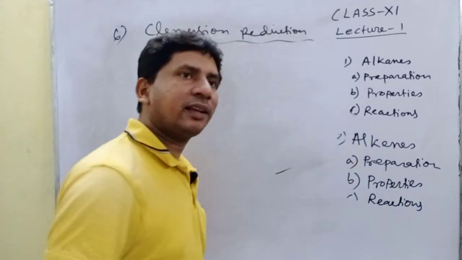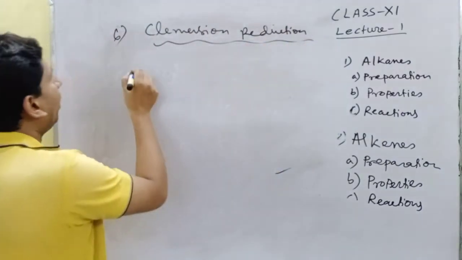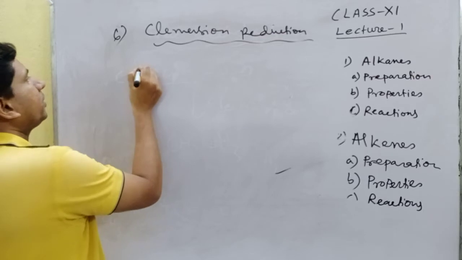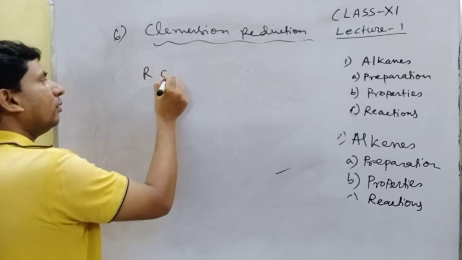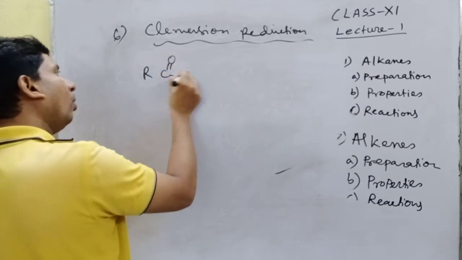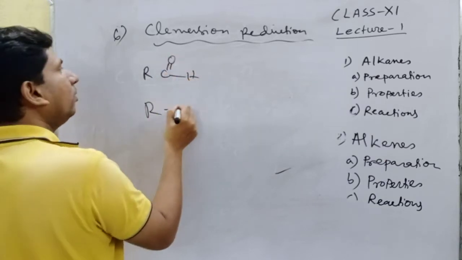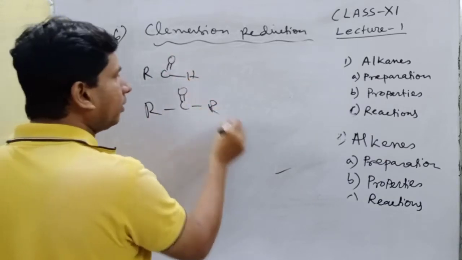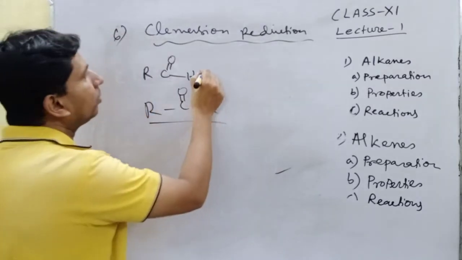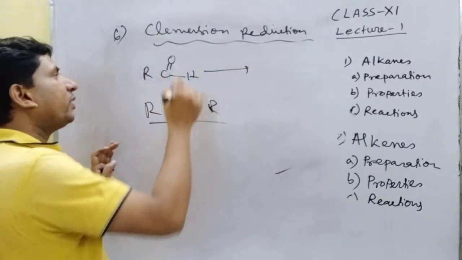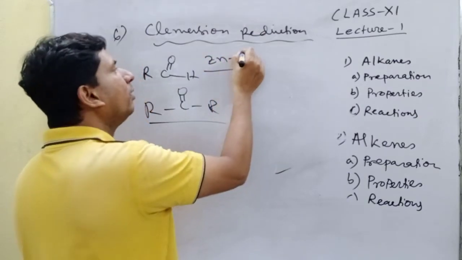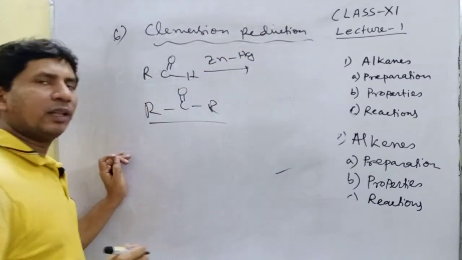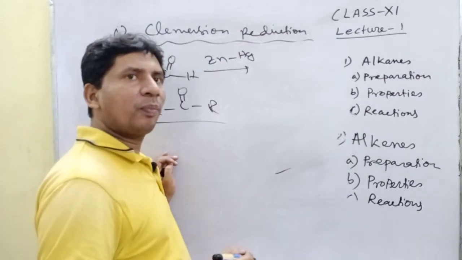What is Clemmensen reduction? If we have RCHO or RCOR, this type of compound, in the presence of zinc amalgam, what is zinc amalgam? Zinc and mercury together are known as zinc amalgam.